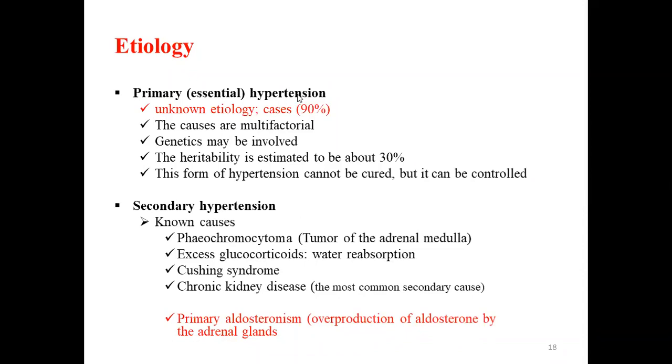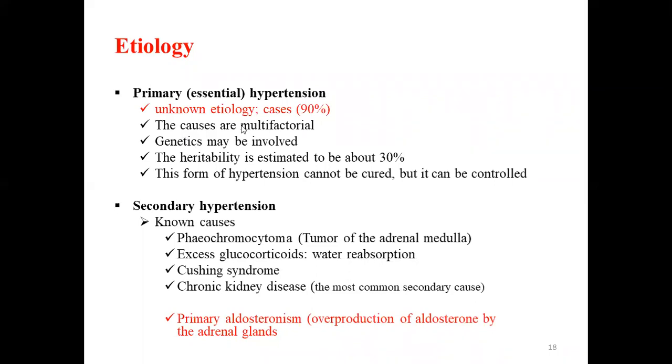So assuming you are in the hospital setup and clerking a patient with hypertension, when you are assessing the patient, you need to find out what really causes the hypertension. In the family history, you have to check whether the patient has a family history of hypertension or not, which is very, very important.